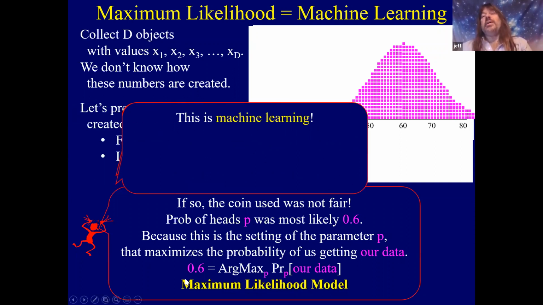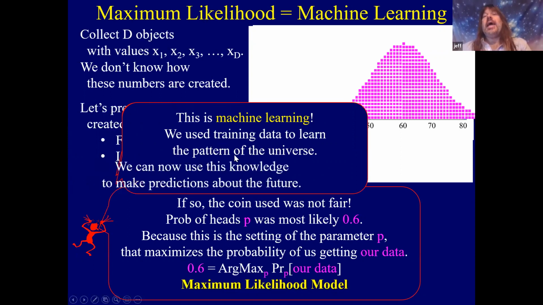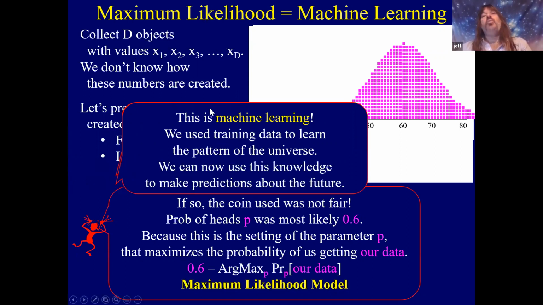Before we go into more detail about maximum likelihood, let's see how it connects to machine learning. In machine learning, we grab a bunch of data because we want to understand the universe better. So we get data from the universe, and when we train on this data, what do we obtain?